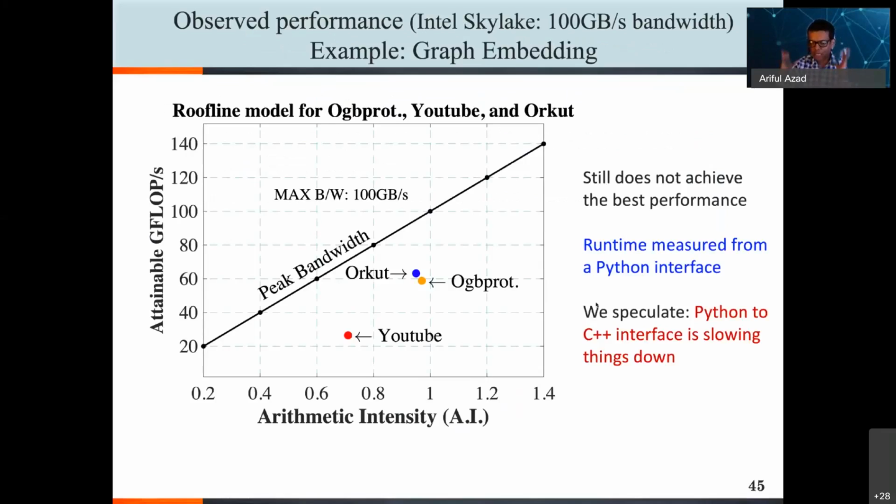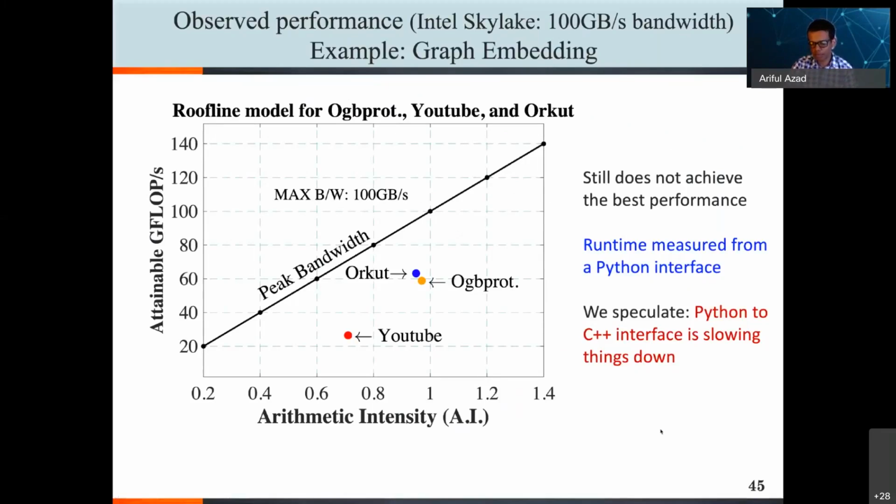When we measure the performance on an Intel Skylake machine with 100 GB per second bandwidth, we see that our performance is still not optimal, because this is the peak bandwidth line, and if everything is optimal, we should have hit this line. But our performance for different graphs, like YouTube, they're different graphs, is slightly below that line. We speculate that this is because we're calling everything from a Python interface.